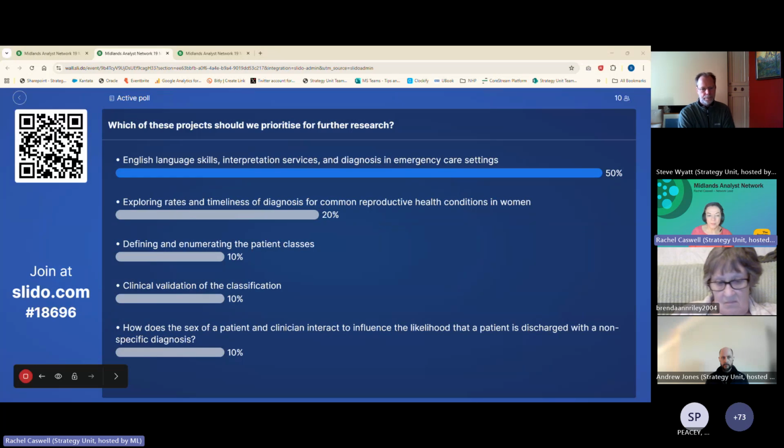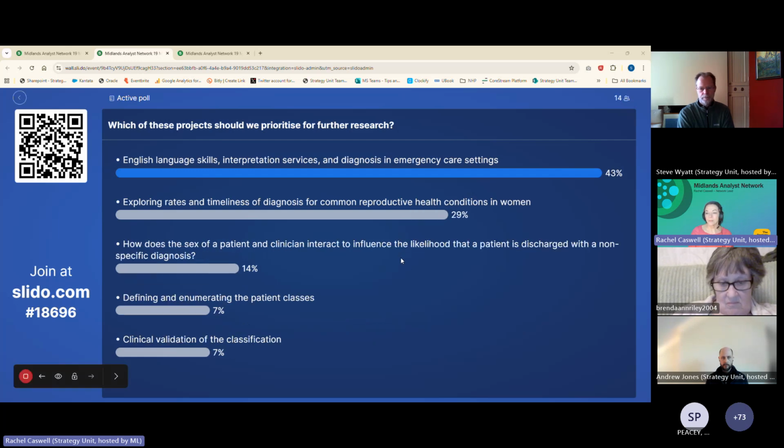Of the ones you just talked about, it was the one about English language skills and interpretation services, and diagnosis in emergency care settings, which almost half of people voted for. And you can see which ones people are finding most interesting or valuable for us to pursue with all the money that we've got available to us.